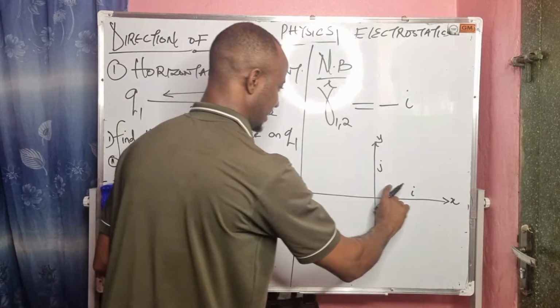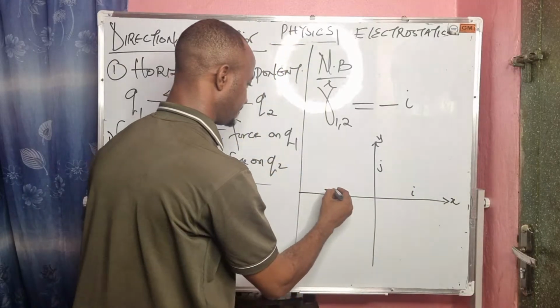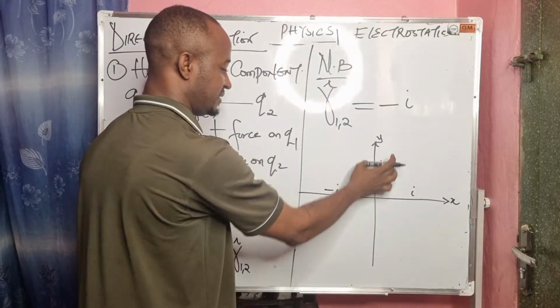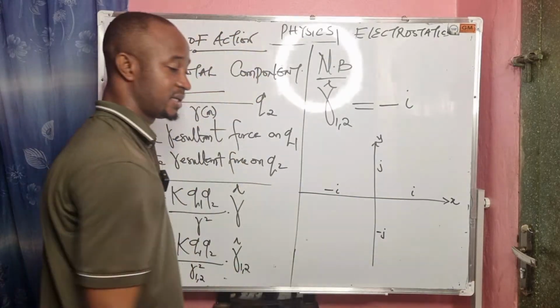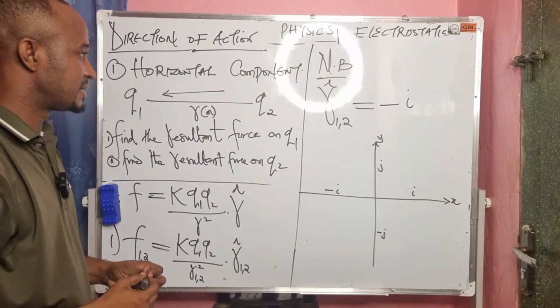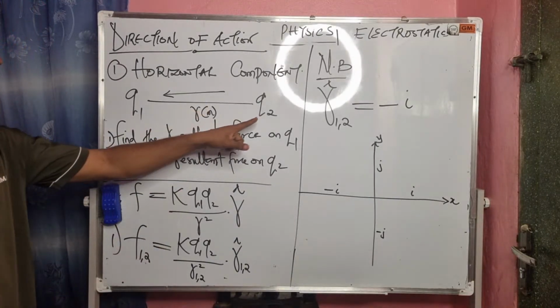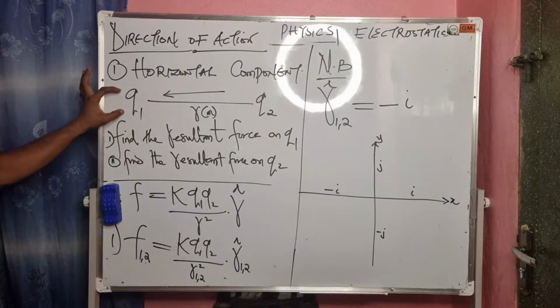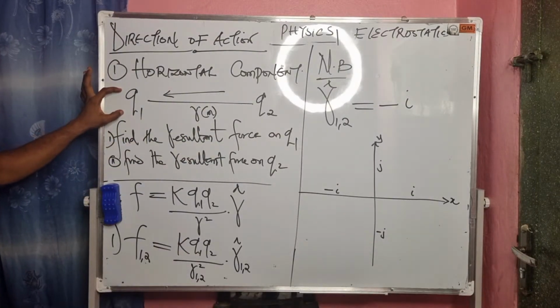If this part represents positive i, this part will be negative i. If this part represents positive j, this part will be negative j. Now, since the direction of action is from 2 to 1, it is moving towards negative i.